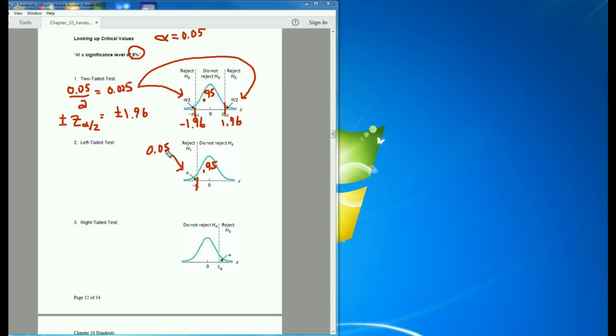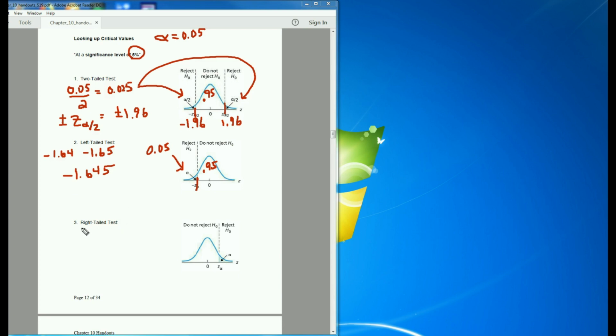Okay, you should find that the area is exactly in between negative 1.64 and negative 1.65. Okay, so in that case, when the area is exactly in the middle, you just take the mean of the two numbers, which is then negative 1.645. Okay. So in this case, that is the critical value. It is actually equal to negative 1.645.